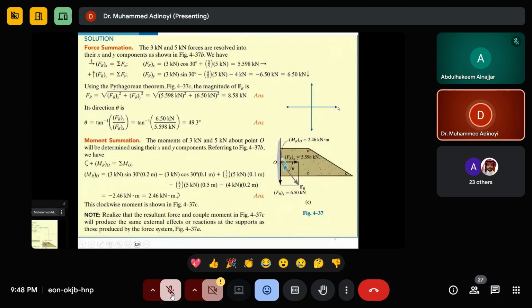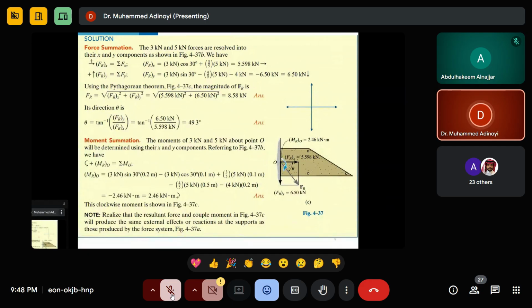This guy is positive, this guy is negative. So if your f of x is positive, it should be here in this direction. And if your f of y is negative, it should be here. So it means that your resultant force is going to be here. That is why it is drawn like this. Because this is positive, this is negative.